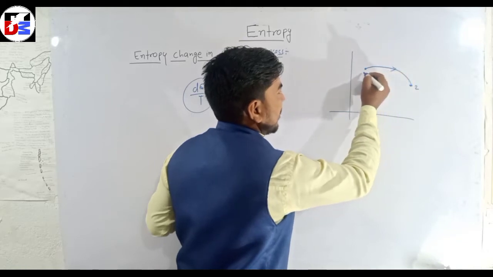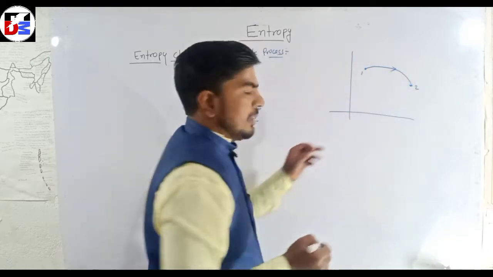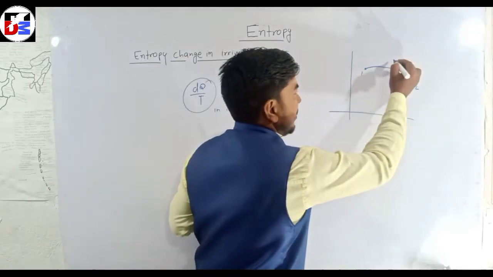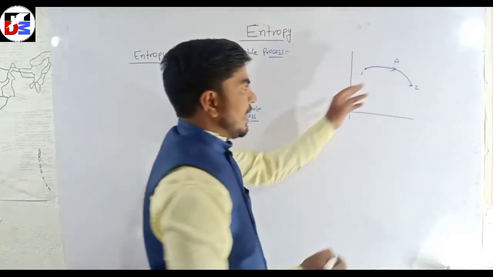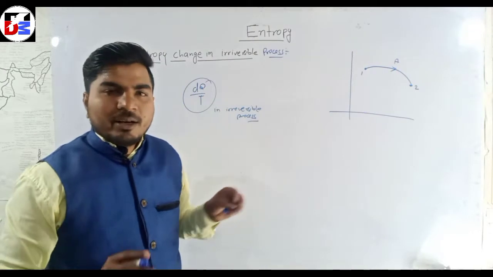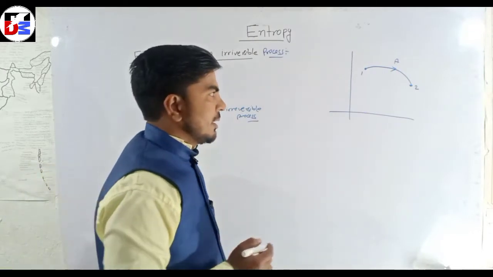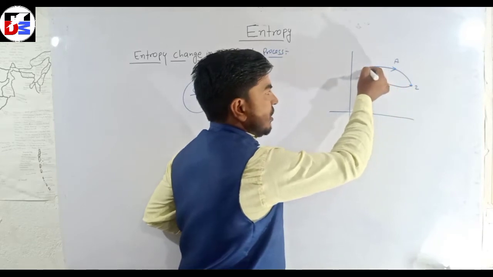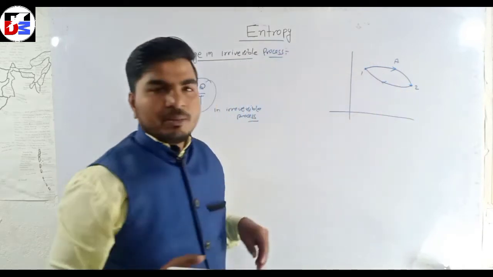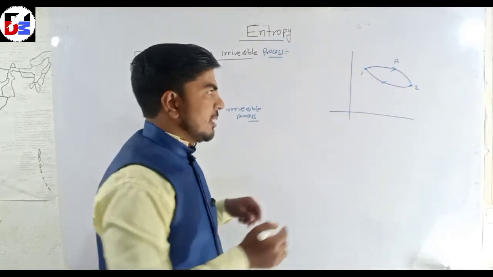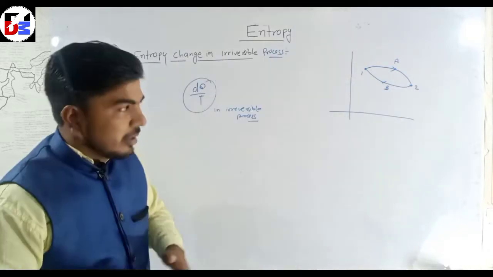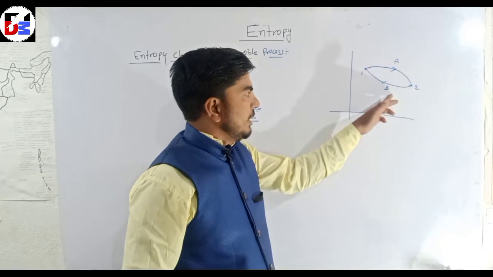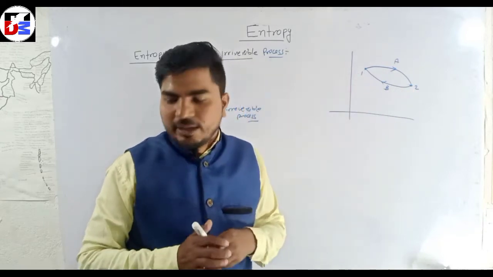There is a process 1 to 2, which is a reversible process, and the path followed is A. The path A is a reversible process, and second, 2 to 1 is also a reversible path. This path is named B. You can see here that 1A2B1 becomes a reversible cycle.